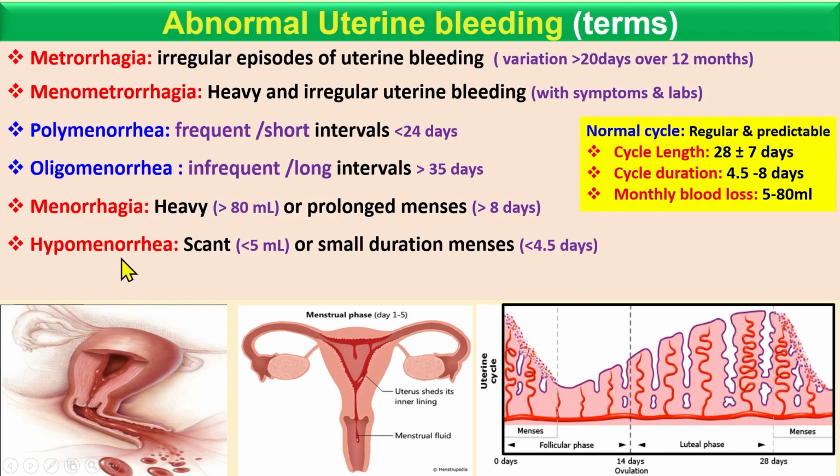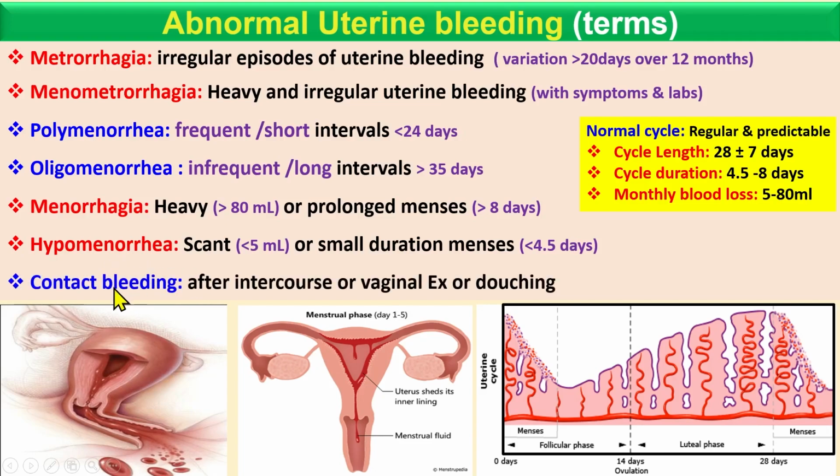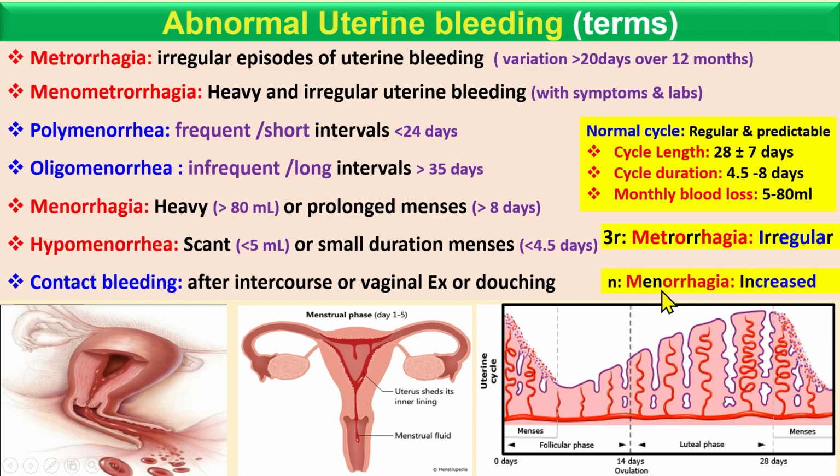Okay, the other term used is contact bleeding. It's bleeding after intercourse or during vaginal examination or touching. So this is known as contact bleeding. Okay. Two terms which we mostly use are metrorrhagia and menorrhagia, so do not confuse both terms.